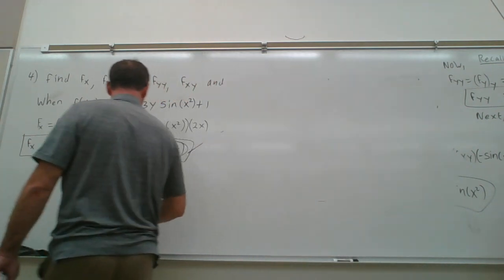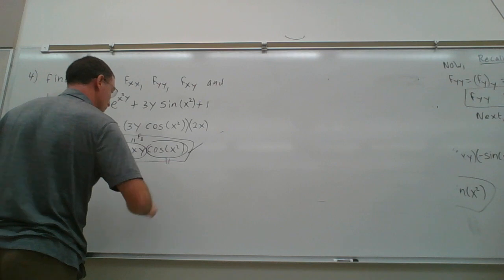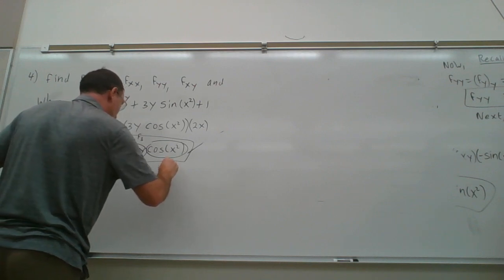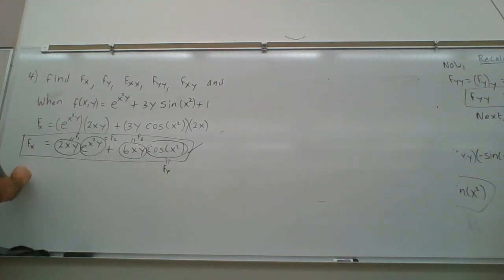Okay, so here, keep these labels here. So we're looking for now fxy. So that means fx with respect to y. So here's my fx here. So with respect to y.